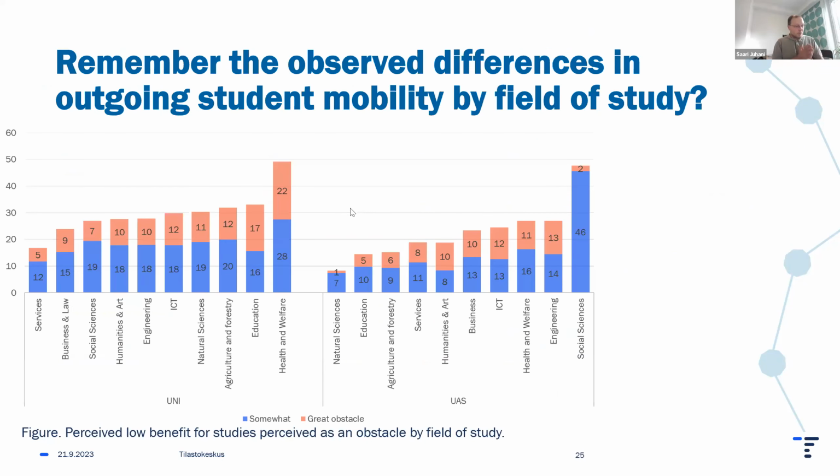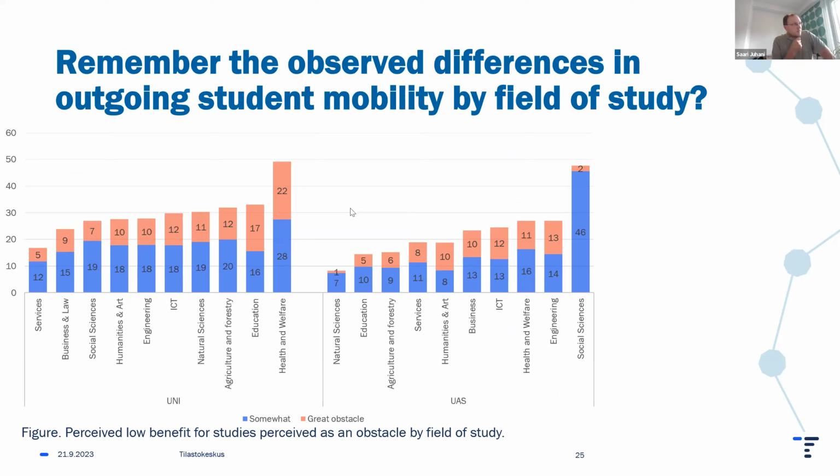This is just a simple figure illustrating the differences between fields of study according to the latest EUROSTUDENT data. This is the number of students who perceive the lack of benefits to one's current degree program as a major obstacle in their mobility.